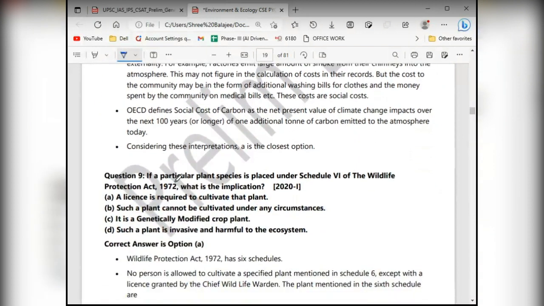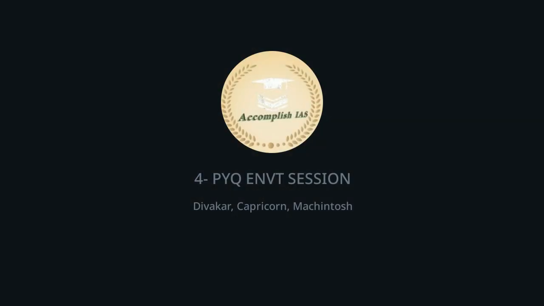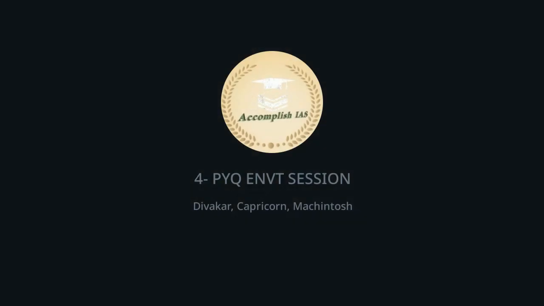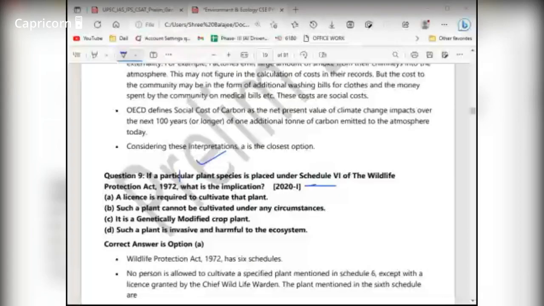The next question is, if a particular plant species is placed under Schedule 6 of the WPA Act 1972. If a particular species is under Schedule 1, what does it mean? Earlier in the WPA there were 6 schedules.